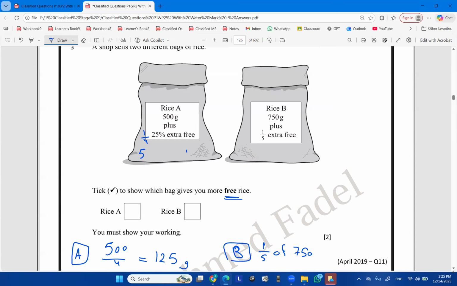They said here 750 grams, but 1/5 is extra. 750 divided by 5 is going to give you exactly 150 grams extra. So which one gives you more free? It's bag B. Rice B gives me more free.